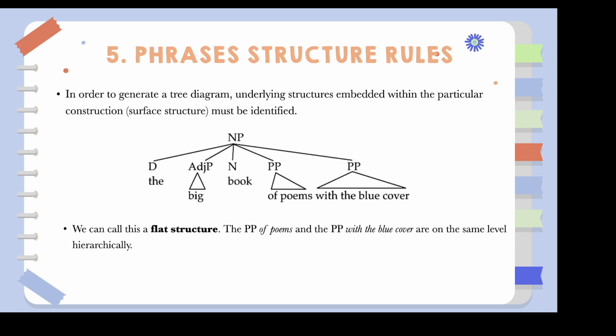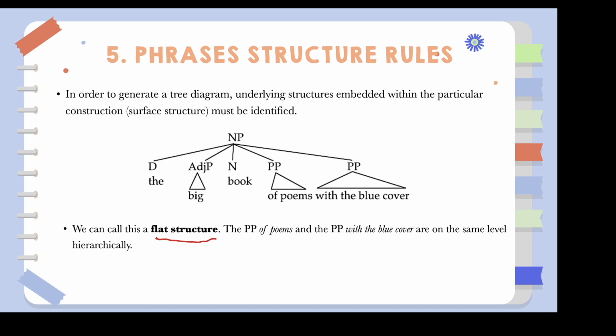Okay, so first of all, in the previous class, I hope we all already studied how to draw the tree diagram. In the Introduction to Language and Linguistics, the kind of tree diagram that you have learned is just the phrase structure rules, or somehow we can call it the flat structure.